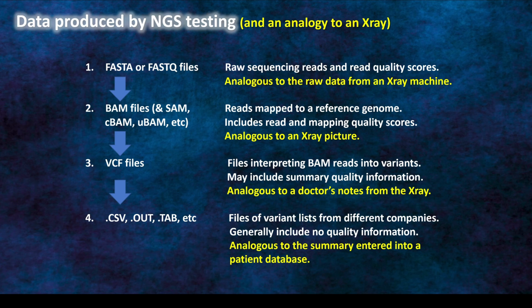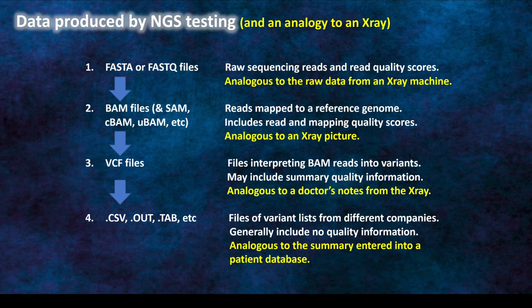You really need to go back to at least the VCF file, if not the BAM file, and find out the original information. You don't generally have to go back to the FASTA or FASTQ files to get that information. The BAM file is usually enough, though. So when you see the different output that's produced by the company based on your test, there are different levels of interpretation that have been applied on your data, and you want to know which one you're targeting if you want it for a specific purpose.